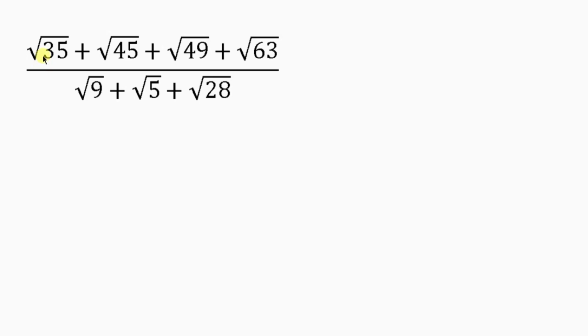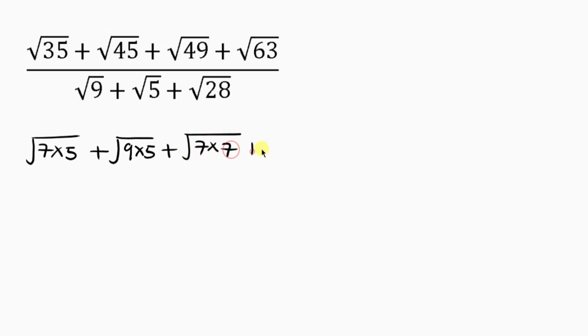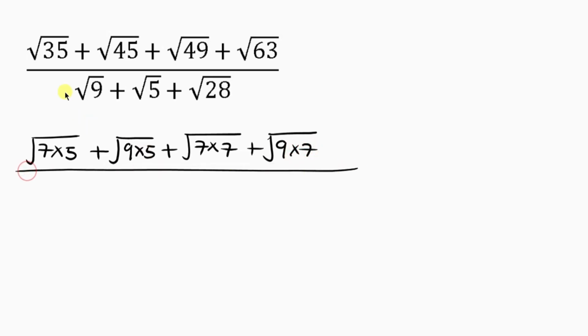That means the square root of 35 can be written as the square root of 7 times 5, plus the square root of 45, can be written as the square root of 9 times 5, plus the square root of 49 can be written as the square root of 7 times 7, plus the square root of 63 can be written as the square root of 9 times 7, all over the denominator.